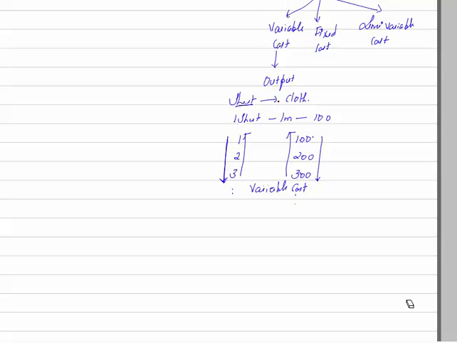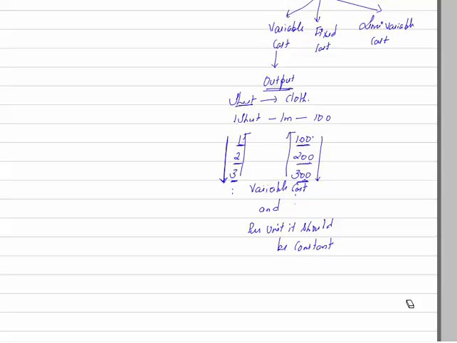Variable cost means those costs which are going to change according to output, and per unit it should be constant. It means here to manufacture one shirt, cost incurred will be 100 rupees. To manufacture two shirts, the cost incurred is 200. To manufacture three shirts, the cost incurred is 300.